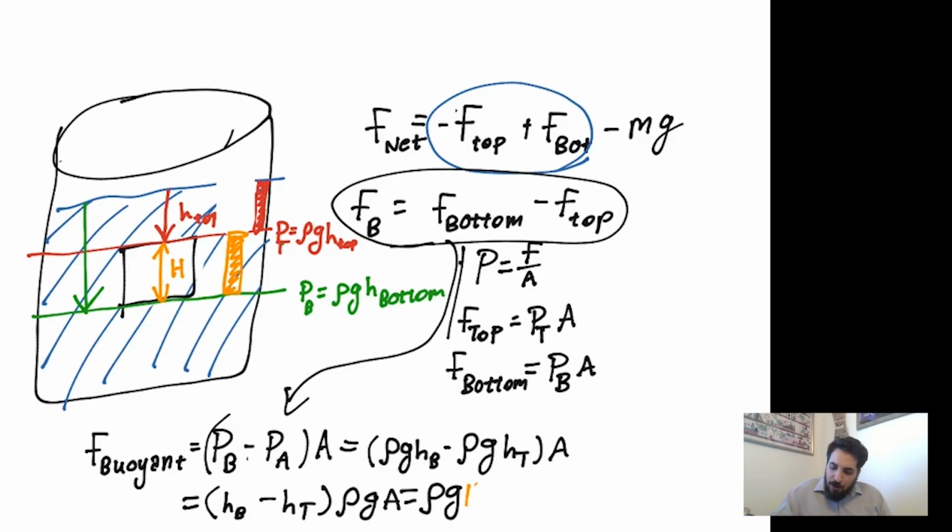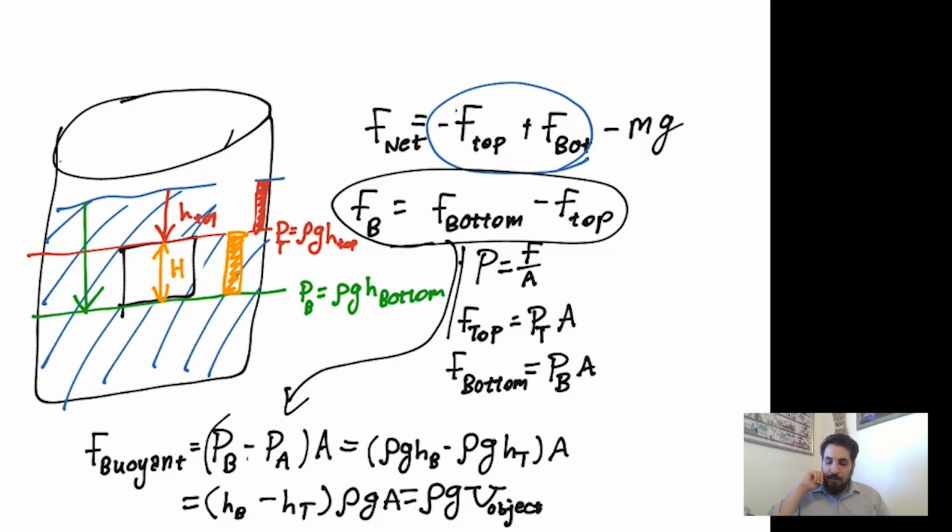So I could even go so far as to erase height and area and replace it with the volume of the cube. And I'm going to put volume OBJ for volume of the object. In fact, maybe I'll spell that out. So the buoyant force, therefore, seems to be density times acceleration due to gravity times the volume of the object that is submerged.